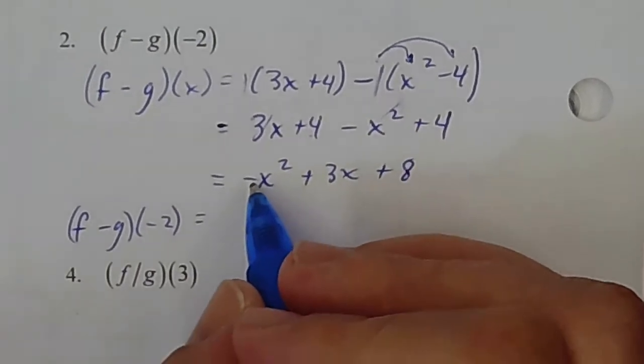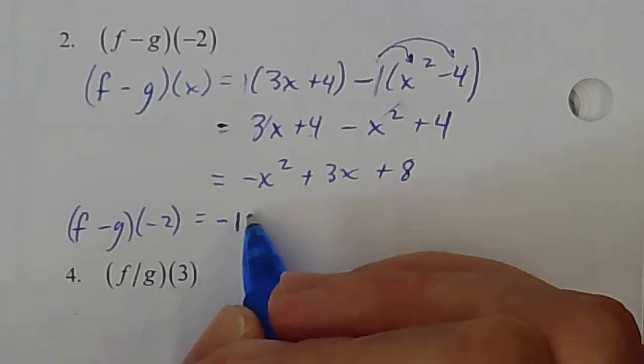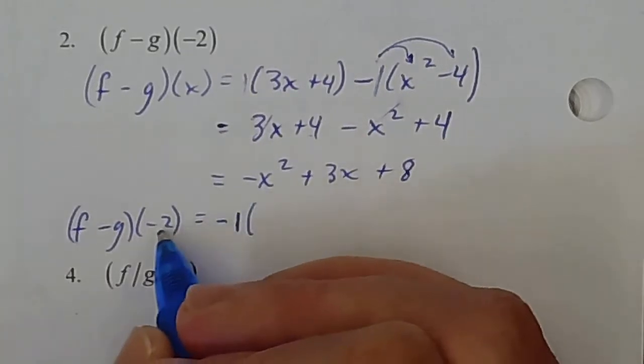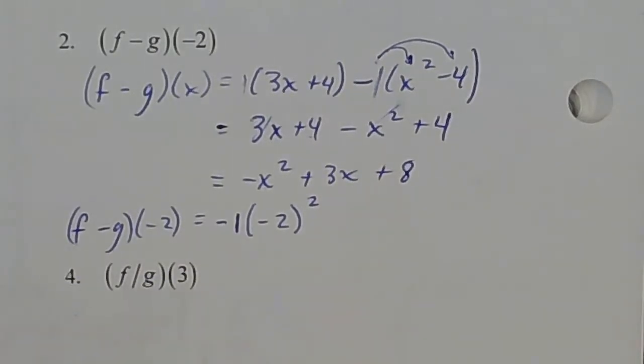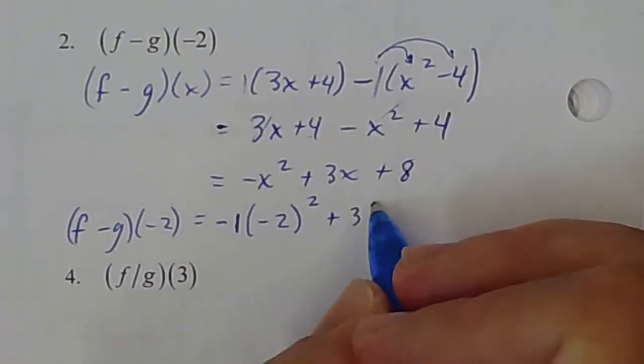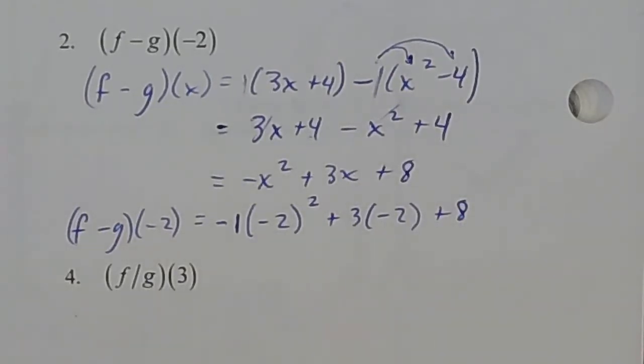Careful with our negatives here. Negative out front, so I'm just going to put -1, now parentheses x, so now I plug in -2 inside, like that. Okay.